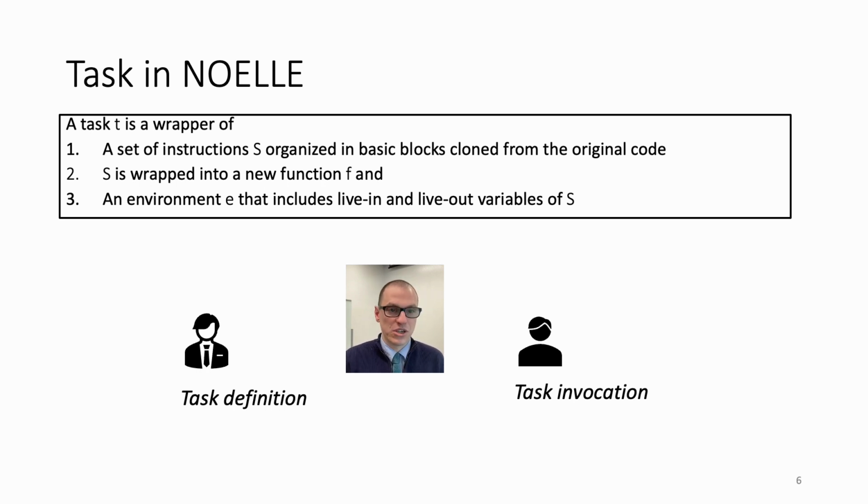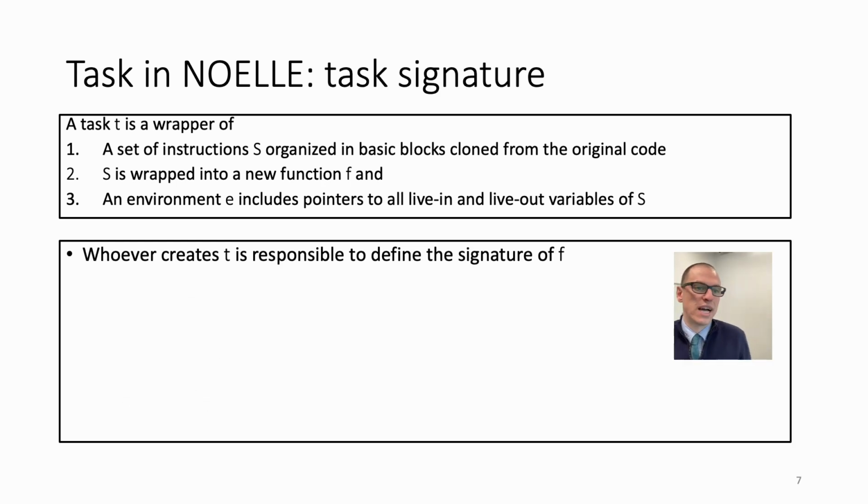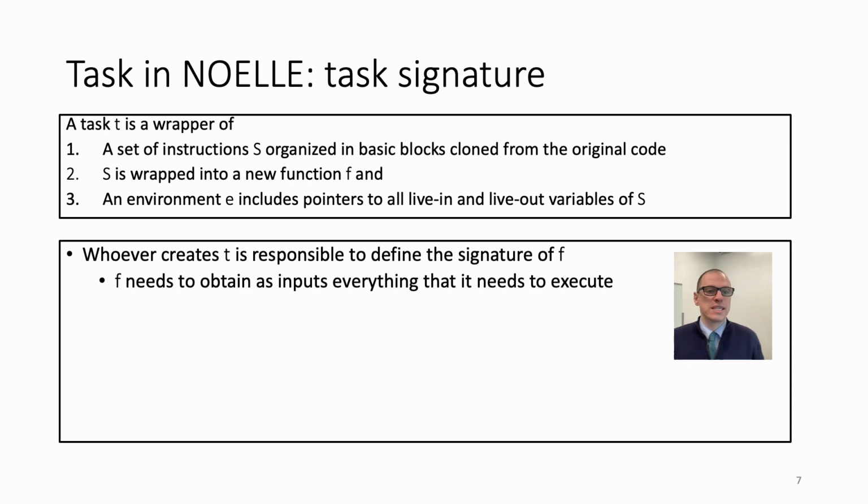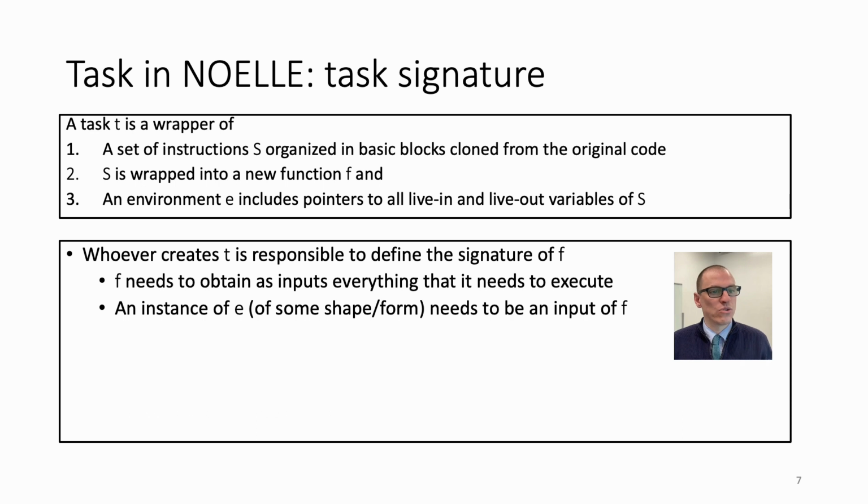So let's start with the definition of a task. Whoever defines the task, the first step is to define the signature of the function F, which is the task body. The signature is dictated by all the inputs that we need to invoke F. And therefore, it's very likely that you need some kind of input or inputs that define the live in and the live out variables of the task.